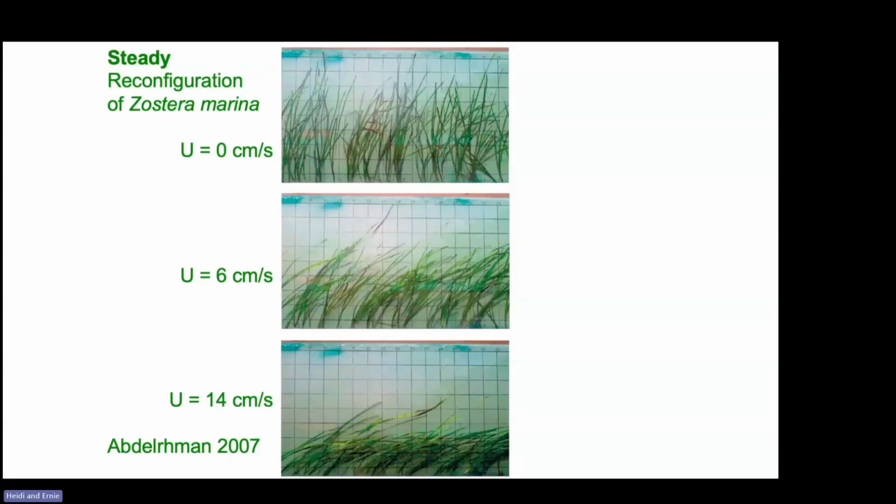The reconfiguration reduces the drag, both because the frontal area is reduced and because the individual plants are more streamlined. In addition, by reconfiguring in this way, the meadow protects the bed from high velocity and high shear stress. As the plants bend over, more flow is directed over the top of the meadow and the velocity near the bed is reduced.